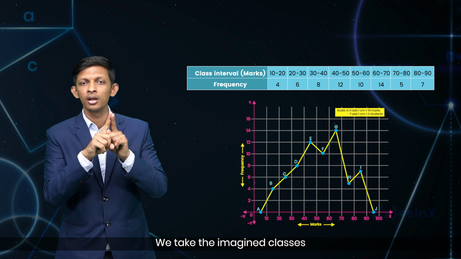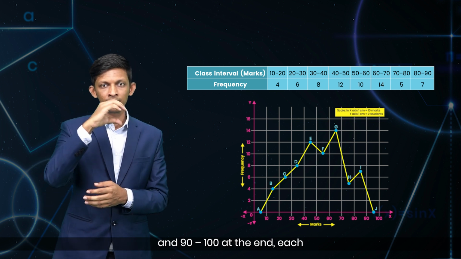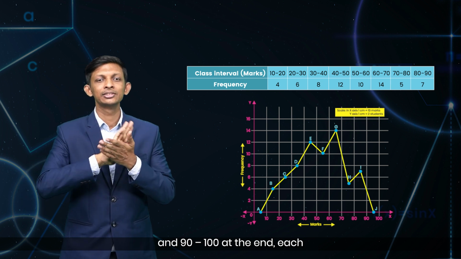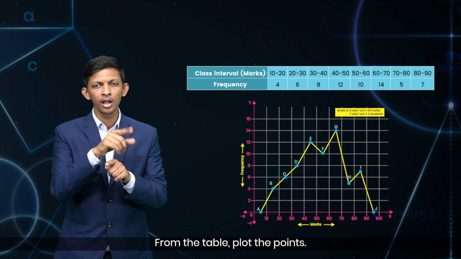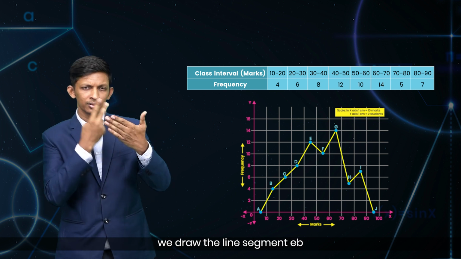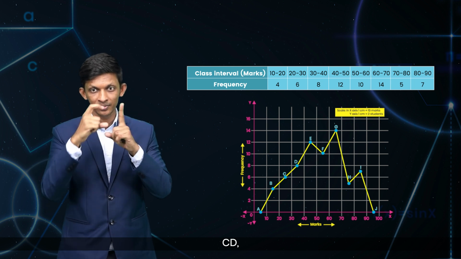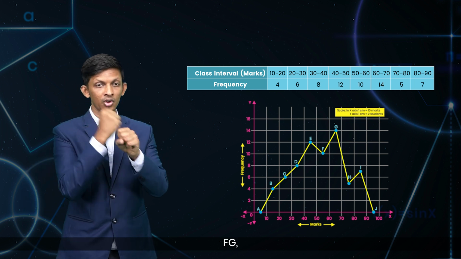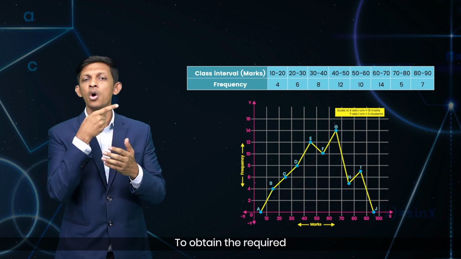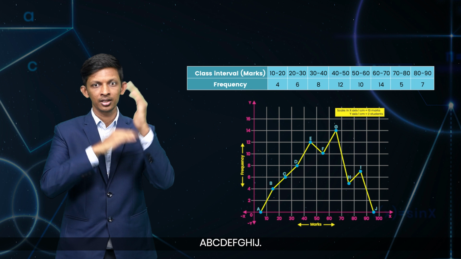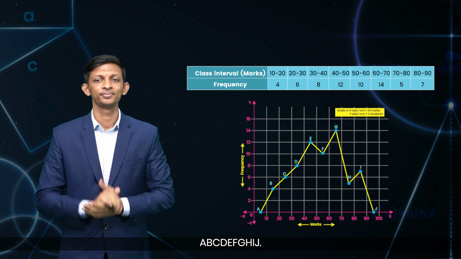We take the imagined classes as 0 to 10 at the beginning and 90 to 100 at the end, each with frequency 0. From the table, plot the points. We draw the line segments AB, BC, CD, DE, EF, FG, GH, HI and IJ to obtain the required frequency polygon A, B, C, D, E, F, G, H, I, J.